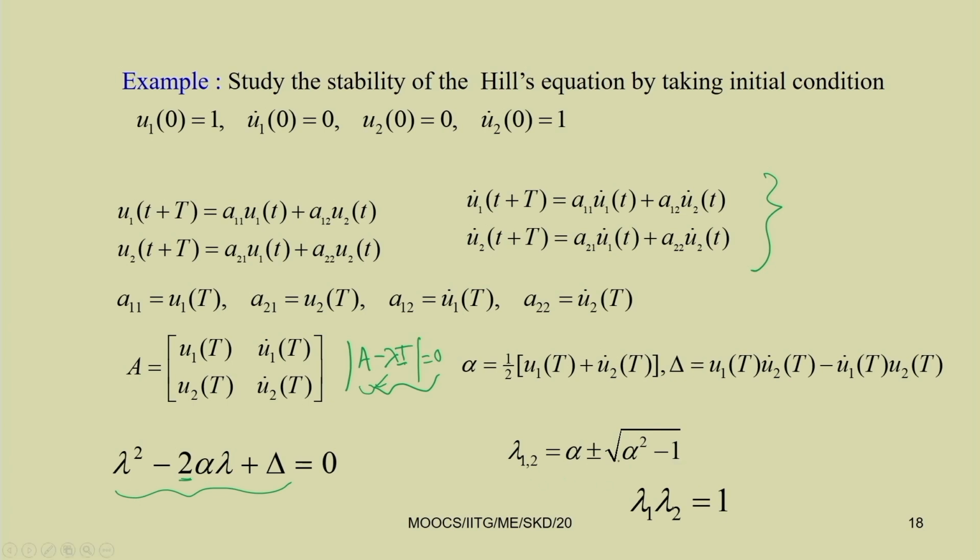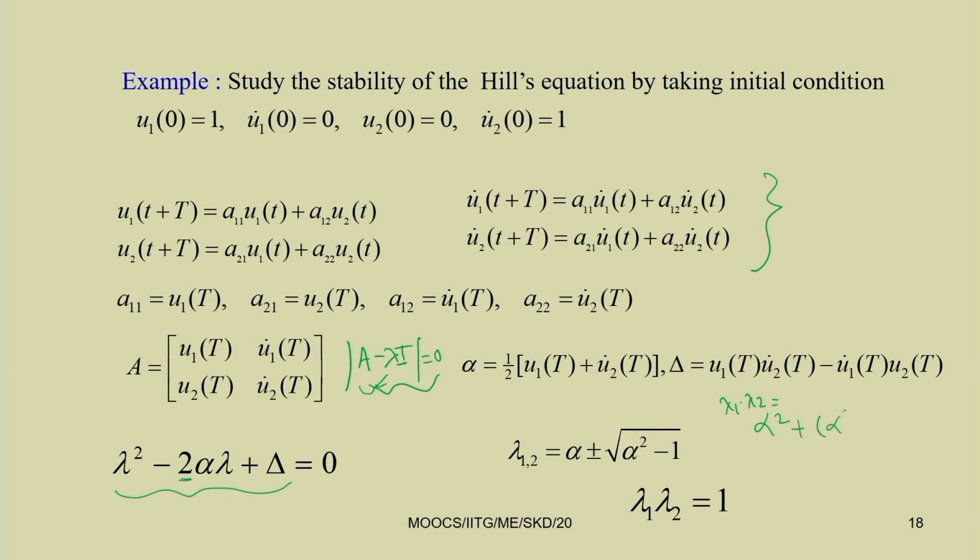If you multiply these two, let alpha equal to a and this root part be b. So this is a plus b into a minus b, which is a square minus b square. So your lambda 1 into lambda 2 equal to a square minus b square.